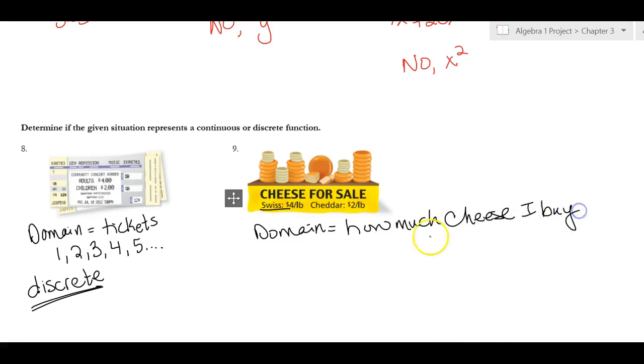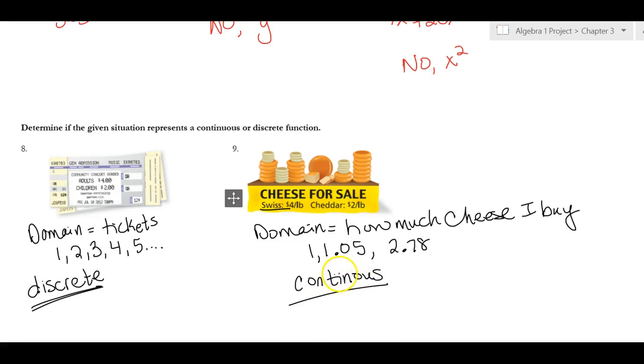Well, I can buy 1 pound, but I can also say I want 1.05 pounds. I want 2.78 pounds. I can buy any amount of pounds I want. And so because all of the decimals are represented in this and I can buy parts of a pound, this is what a continuous graph would look like, or a continuous function.